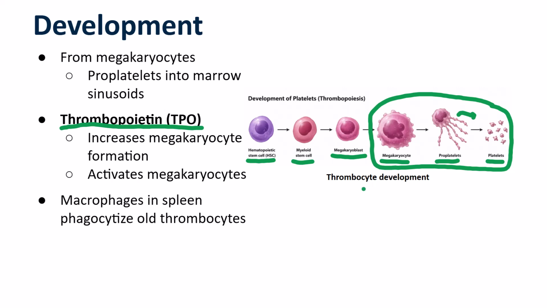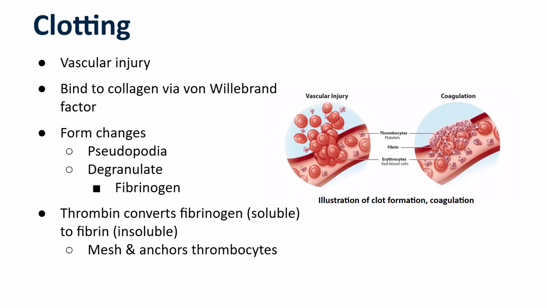So TPO is going to enhance megakaryocyte formation and activates them into forming more proplatelets. Now, within the spleen, there are specialized macrophages which are going to phagocytize old thrombocytes. So they will engulf them, break them down, and we can recycle parts of their cytoplasm ultimately to make more thrombocytes.